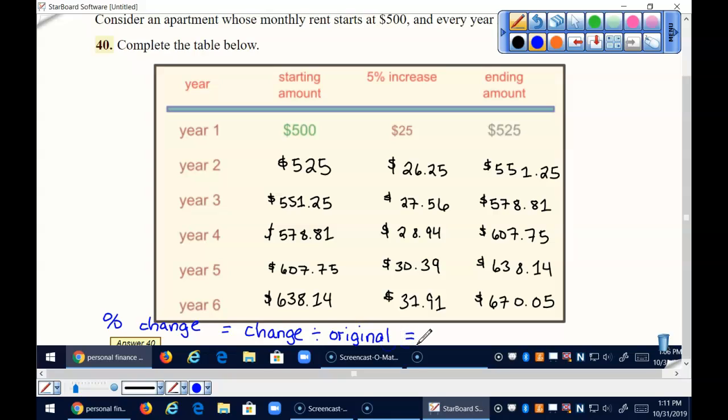So how much change was there overall? From 500 to 670.05, that's going to be 170.05. So it's about 34%.